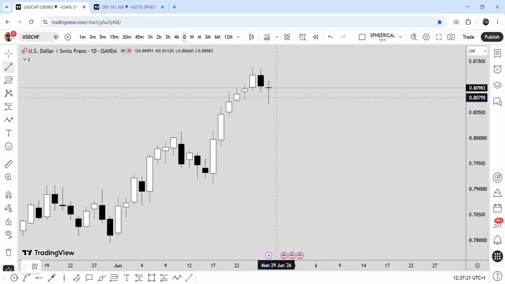You can see the CRT low here. You can see the market closing inside it. Sorry, let me re-mark it. We see the CRT in this zone.